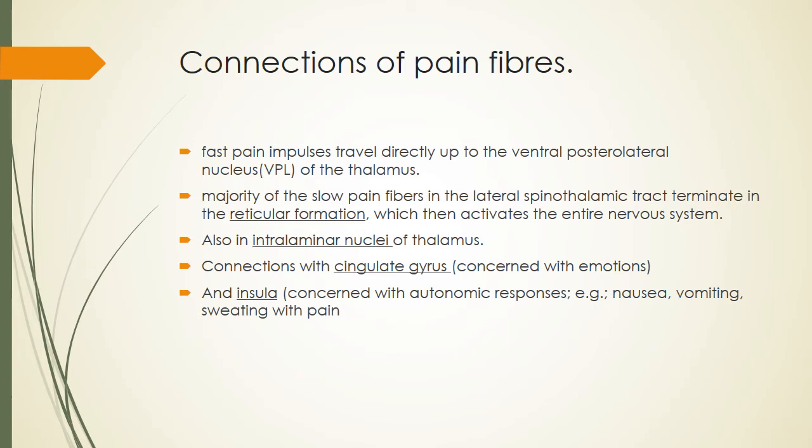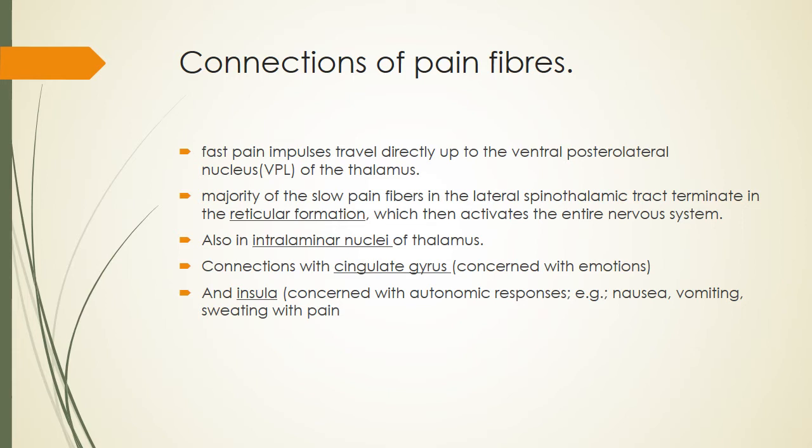They carry the sensation of fast pain for showing some immediate response, while the majority of the slow pain fibers in the lateral spinothalamic tract terminate in other areas like the reticular formation, which activates the entire nervous system. Some fibers also terminate in the intralaminar nuclei of the thalamus other than the VPL nucleus.